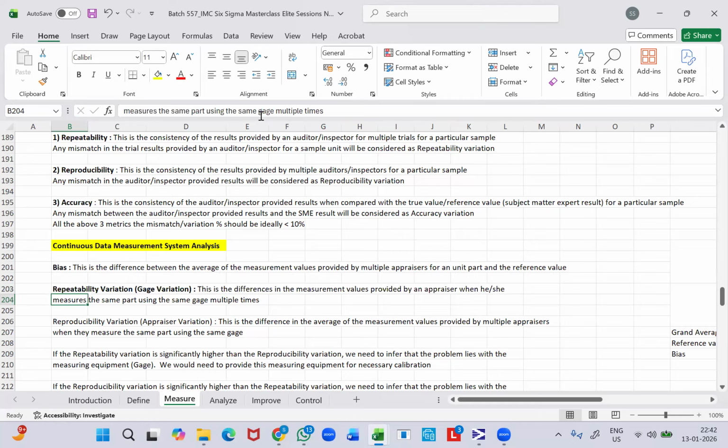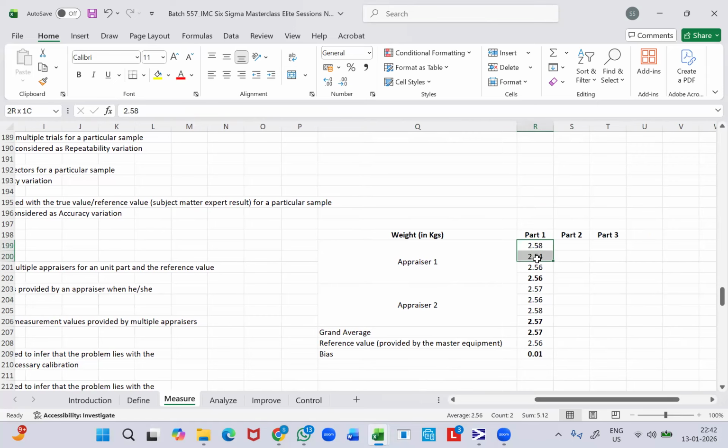So the repeatability variation is nothing but the measuring equipment variation, right? Not the measurement system; the measurement system is a much wider term. Within the measurement system, we will have the measuring equipment as a part of it. And that measuring equipment variation is what we would call the gauge variation, and that is nothing but your repeatability variation. So what is the repeatability variation here? Repeatability variation is nothing but the differences in the measurement values provided by an appraiser when he or she measures the same part using the same gauge multiple times.